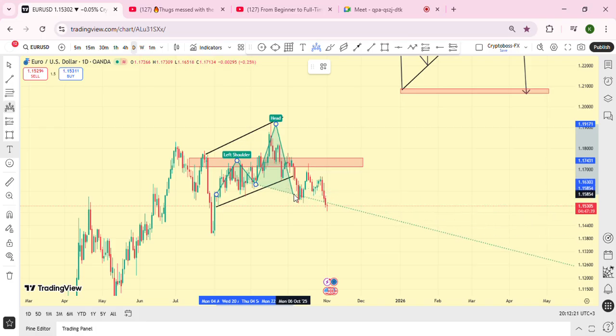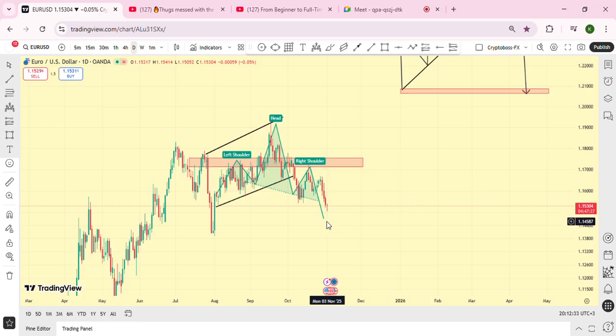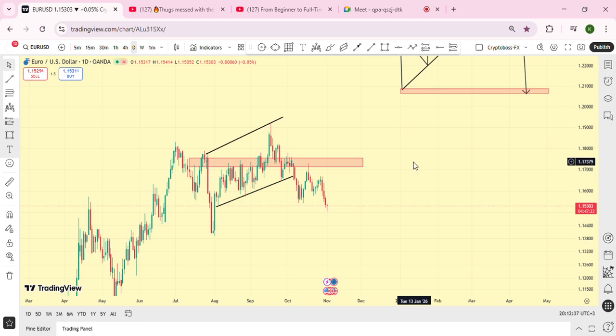So we expect the market to keep going downwards. We expect the market to continue selling. We expect more sales on this.